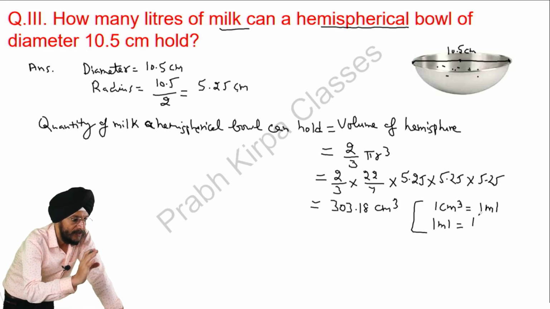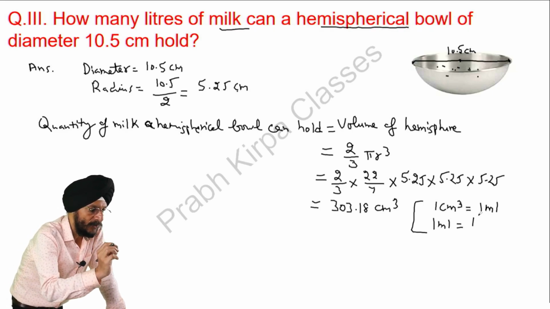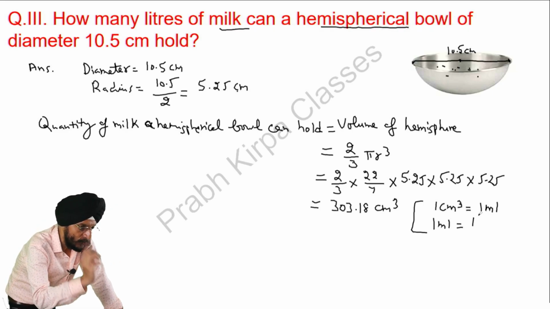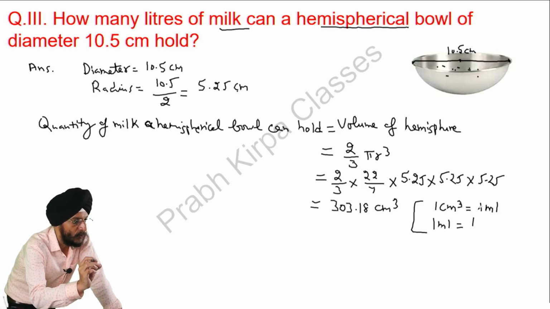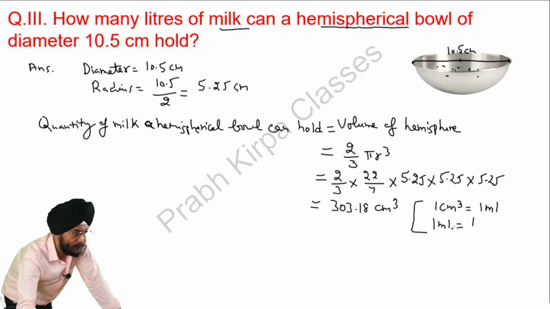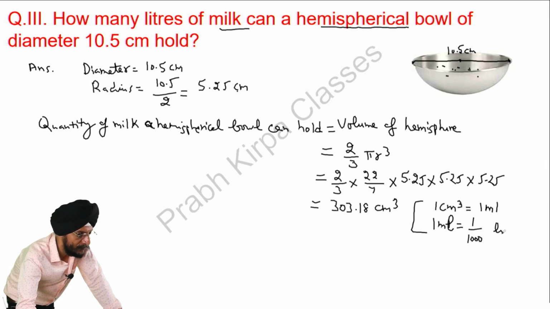You know that 1 liter contains 1000 milliliter. 1000 milliliter is equal to 1 liter. So 1 milliliter is equal to 1 over 1000 liter.